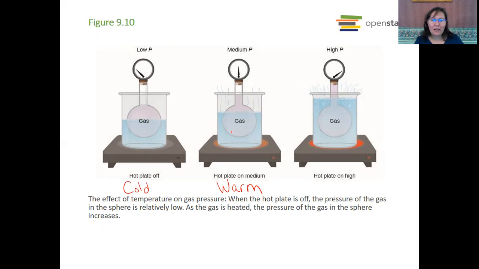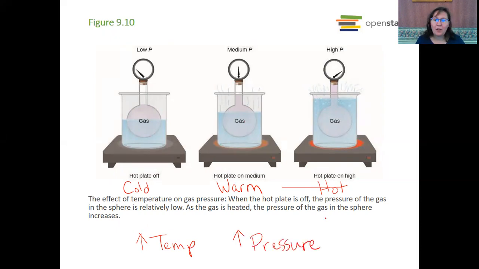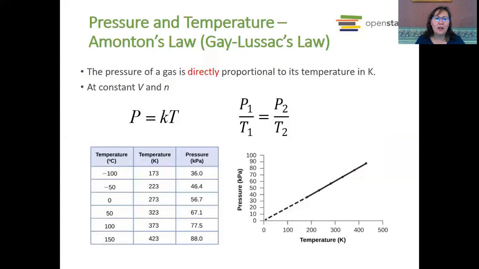As they move faster, they increase the collisions with each other and the side of the chamber, which increases the pressure. Okay. As we get even hotter, we end up with our gas molecules moving even quicker, which raises the pressure even more. So as we increase our temperature, we increase our pressure.